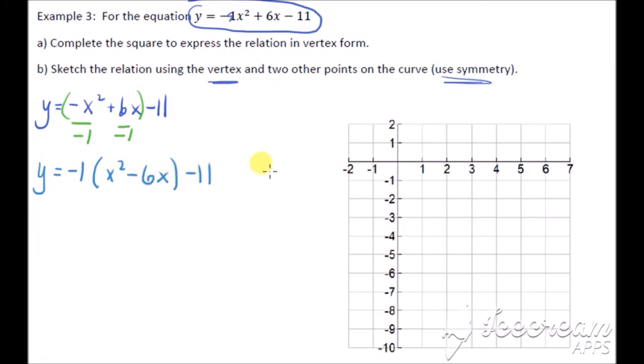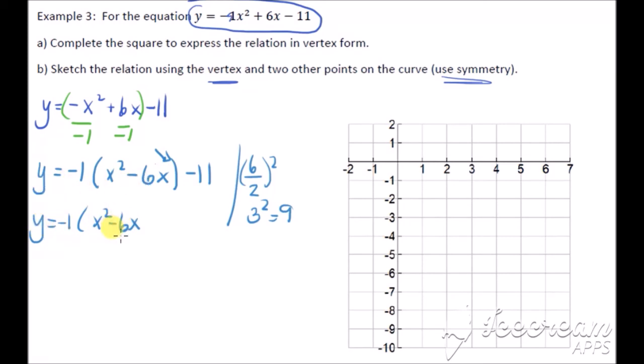So let's go ahead and take that 6 to the side of our paper, divide by 2, which gives us 3, and then square it, which gives us 9. Put a square there if you want. So inside of this bracket, we're going to go ahead and do x squared minus 6x, okay?